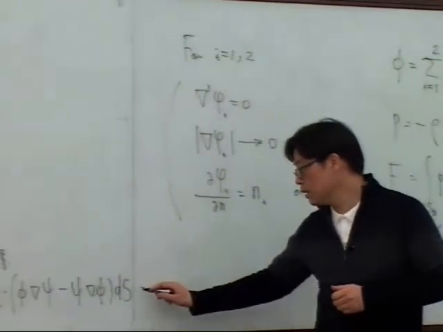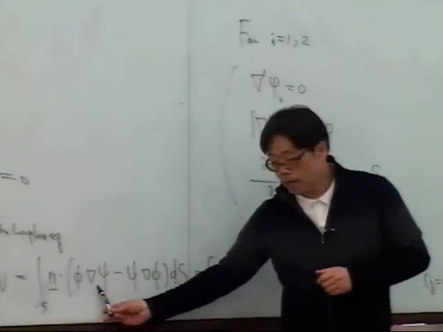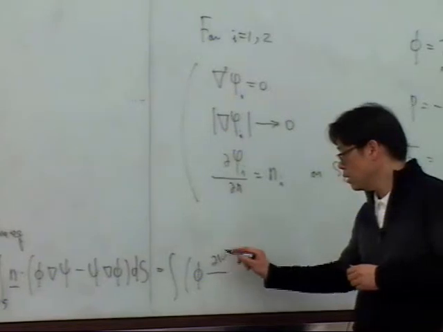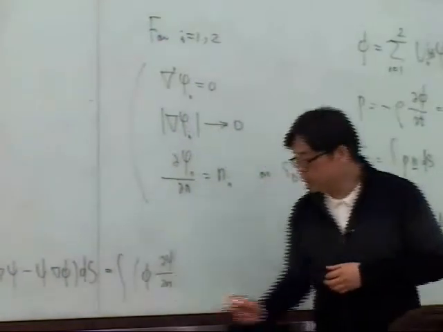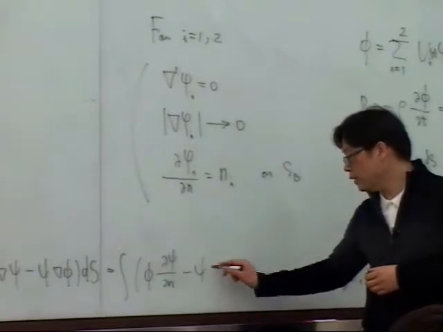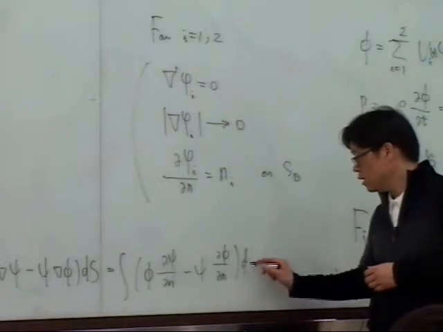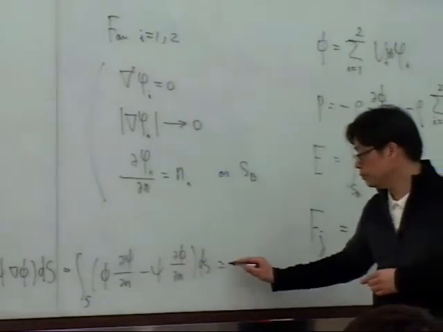Which is nothing but, by definition, n dot grad psi, and n dot grad phi is d phi dn, is equal to 0.